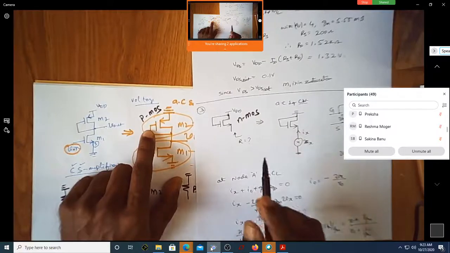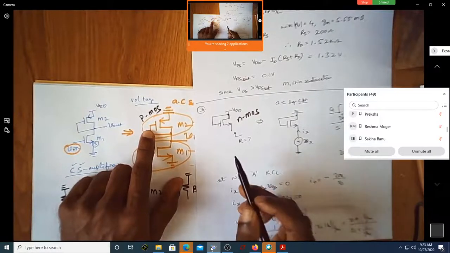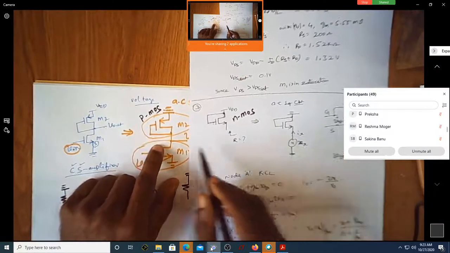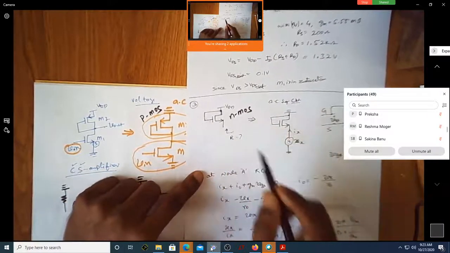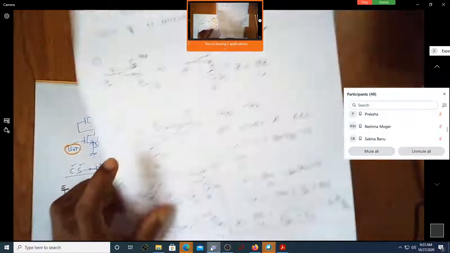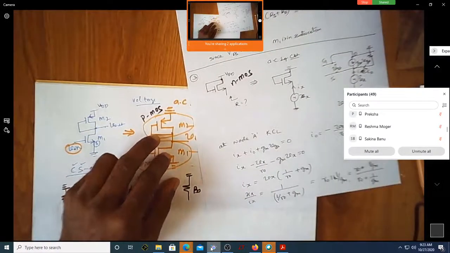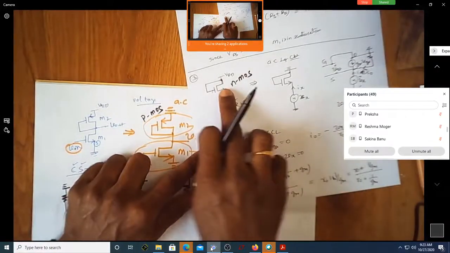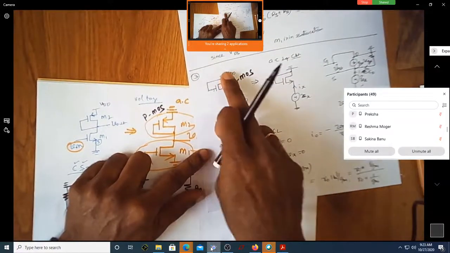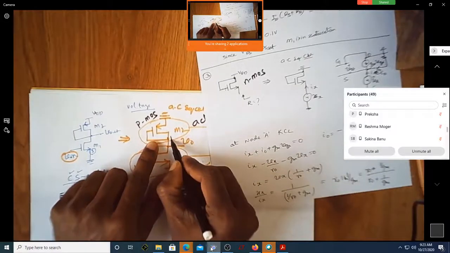Now what I'll do is, okay, one second. I'll show you one more circuit. Because now I'm seeing it from the source side, but I have to see it from the drain side. See here, this side is drain.